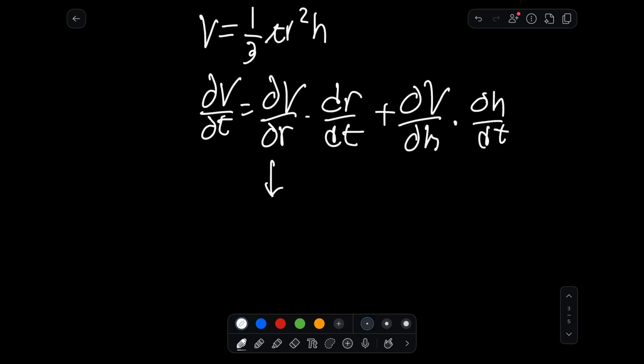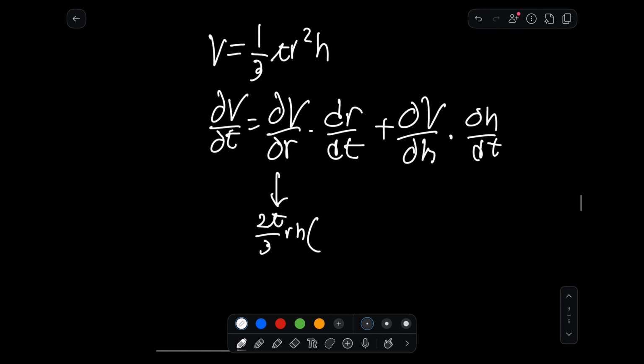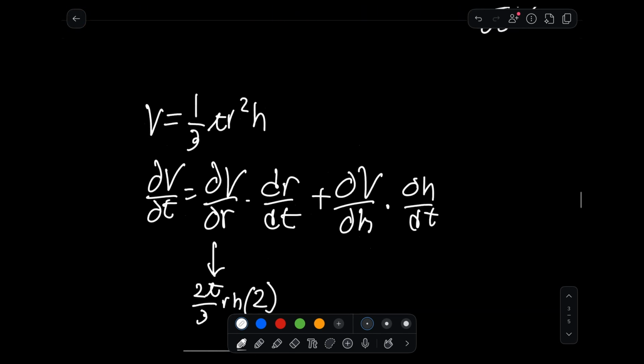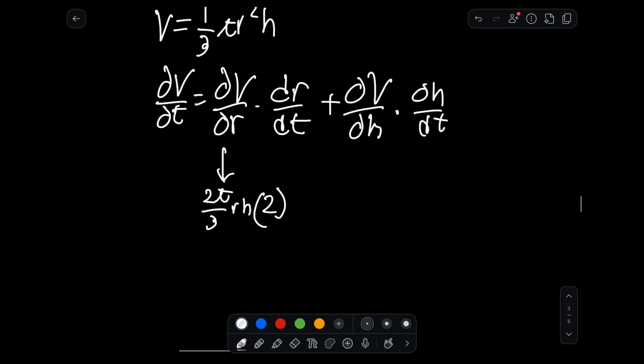Then we can plug in our new parts to the equation. So we have this becoming 2 pi over 3 rh, times dr dt, which we said was 2, plus del v del h, which is 1/3 pi r squared, times dh dt, which we said was 3.